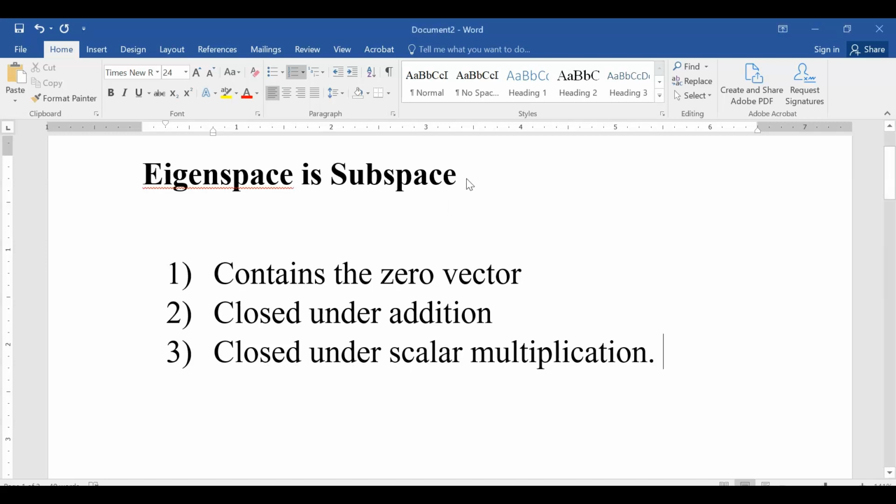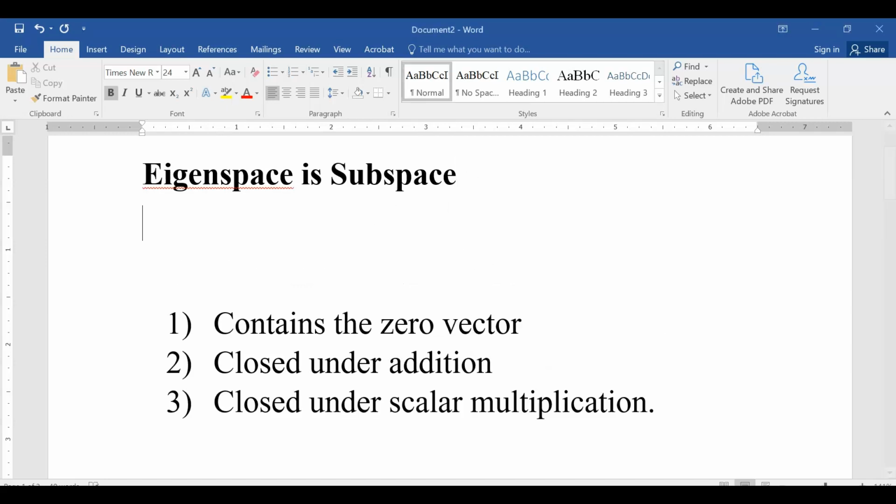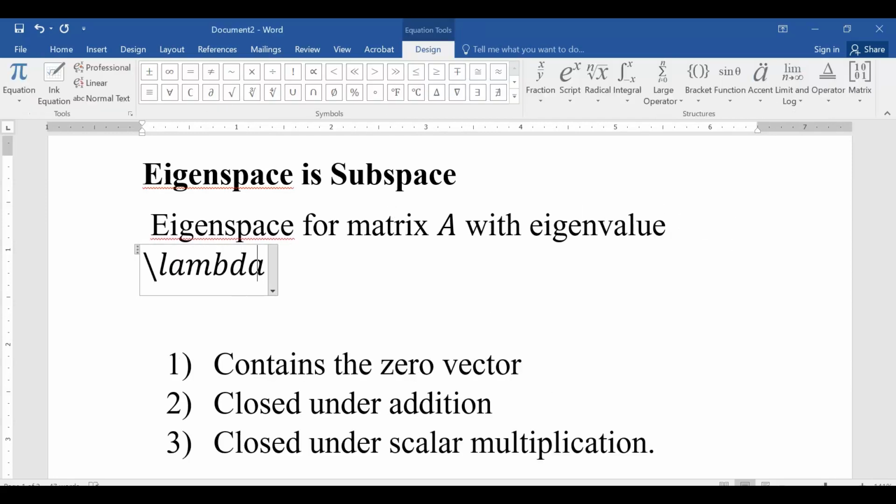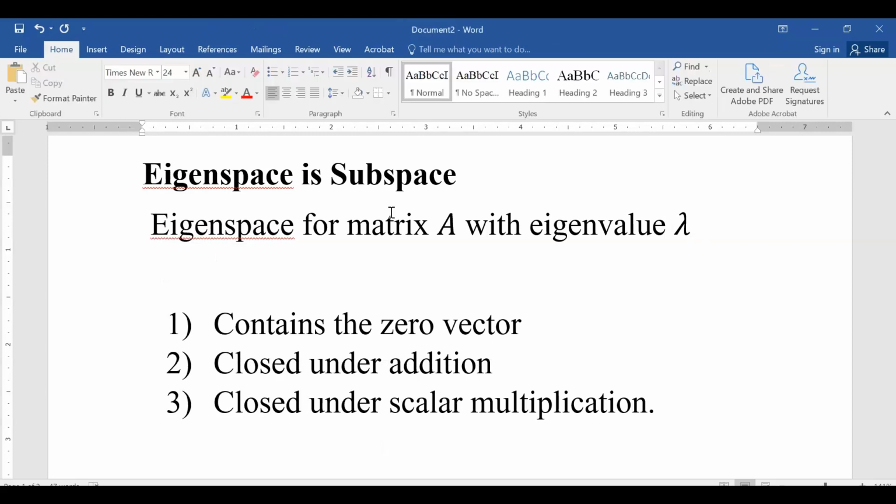All right, so we're going to say this is going to be the eigenspace for matrix A with eigenvalue lambda. Let's do this one by one.